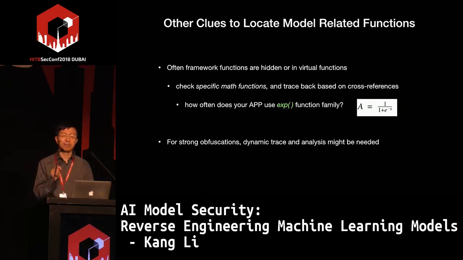They first strip out the symbols so you can't easily find where the deep learning related functions are. But if you look into the implementation of the deep learning frameworks in a little more detail, you know that they heavily do lots of matrix multiplication and transformation, and they also use lots of mathematical functions that are not commonly used, at least in my field of knowledge.